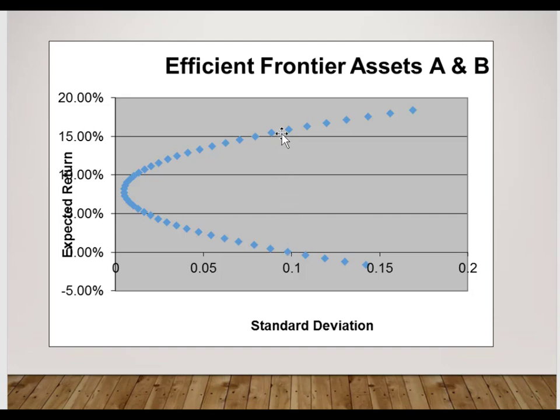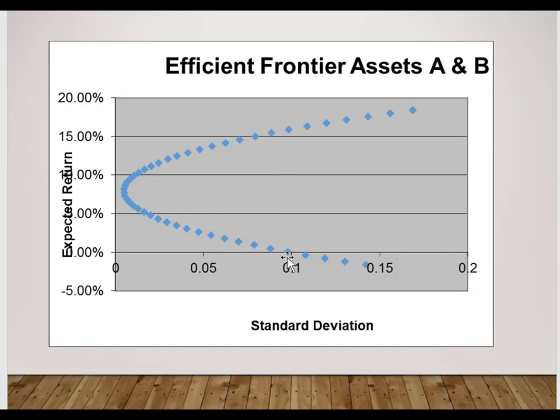If you go to the upper edge of this, called the efficient frontier, this portfolio has the exact same risk as this portfolio, but has a higher rate of return. So it is a better investment. In the investments world, we refer to it as being a dominant portfolio.